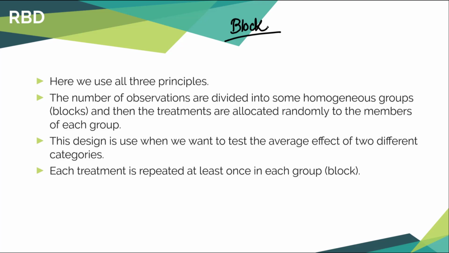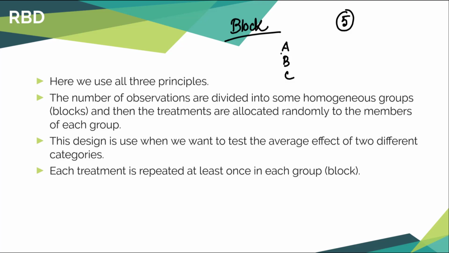Now each block will contain the different treatments. So suppose you have 5 treatments to be applied to your observations, and you have divided the experimental area into 3 blocks, say A, B and C, right?